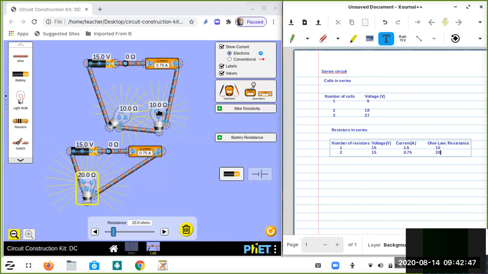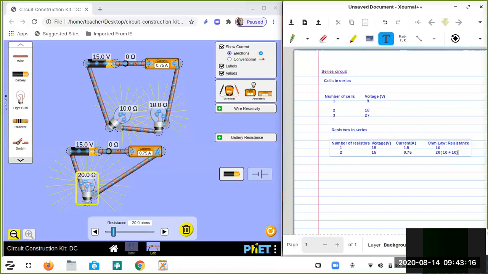Putting it in brackets, it's 10 ohms plus 10 ohms. So when we add an extra resistor, the resistance increases proportionally.